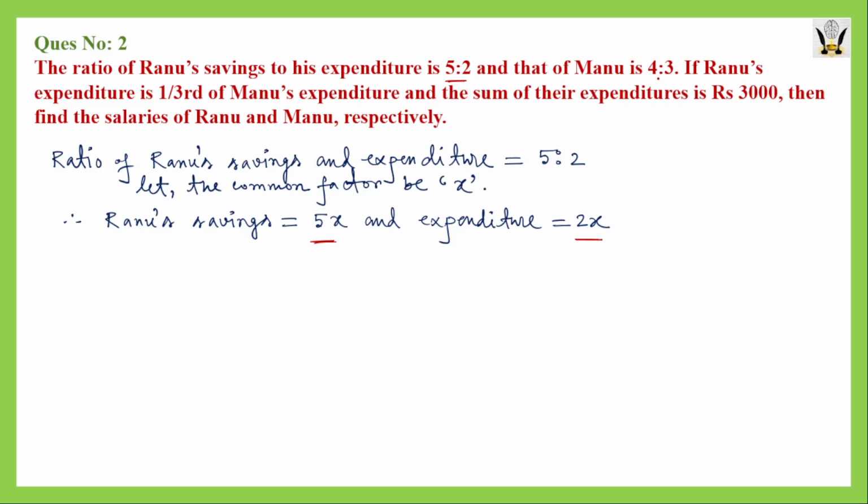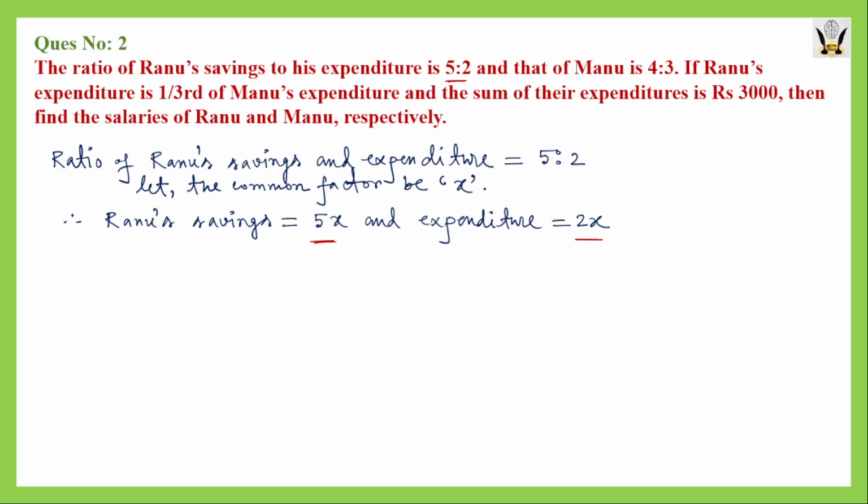And for Manu, the ratio of savings and expenditure is 4:3. The other conditions given are that Ranu's expenditure is 1/3 of Manu's expenditure, and the sum of their expenditures is rupees 3000. Then we need to find the total salary of Ranu and Manu respectively.